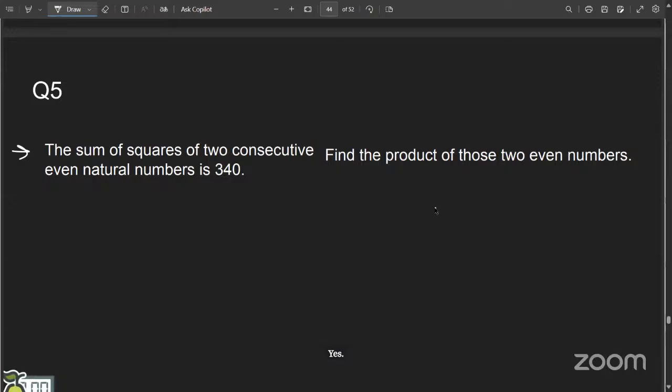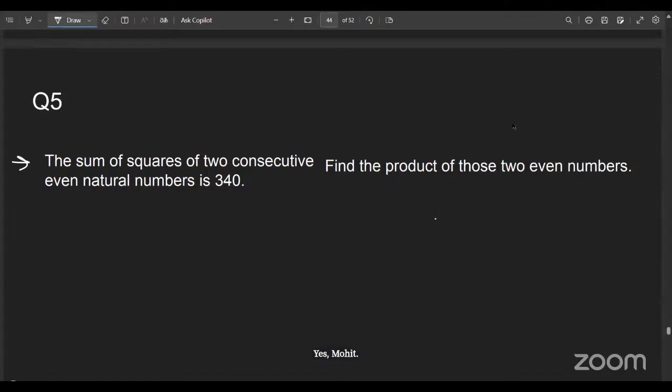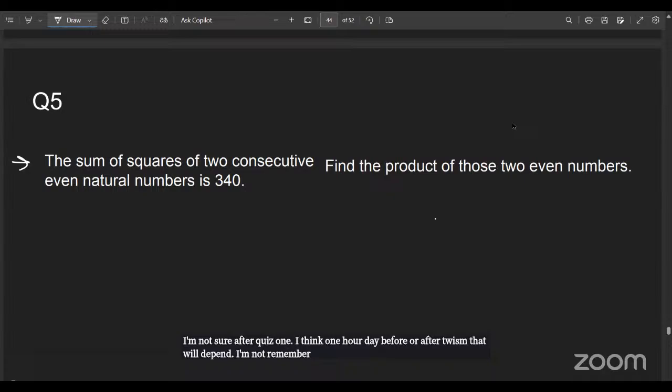Yes, Mohit. Ma'am, I want to ask, week 4 content has come, and the next week's content will come after quiz 1? I'm not sure whether after quiz one. I think one hour before or after quiz one. That will depend. I don't remember the date of release of week 5.